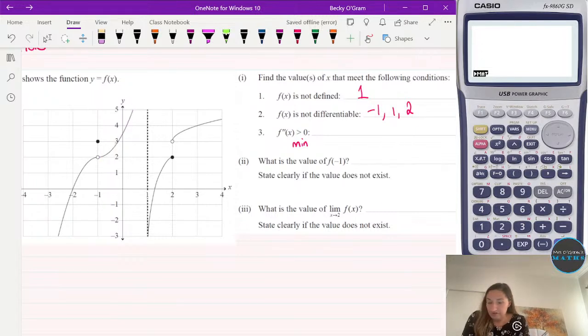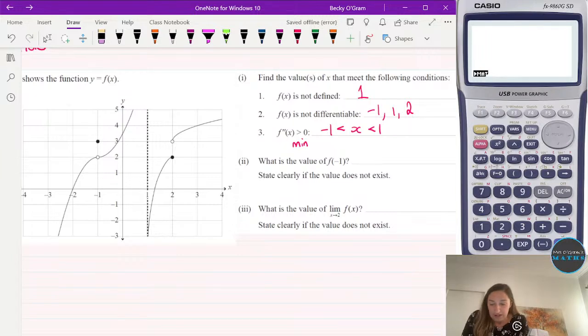So what we're looking for there is -1 up to 1, because it'll stop when we get to this line here and we hit the asymptote. But this indicates that it goes on forever until it hits the asymptote, or doesn't hit it, but gets as close to it as is mathematically possible.